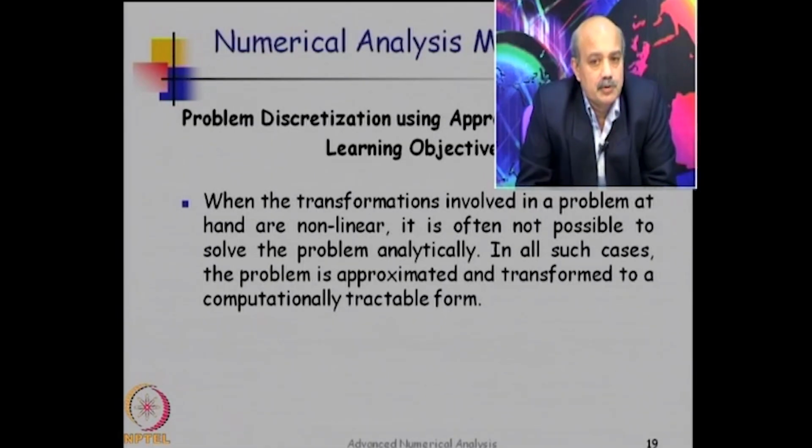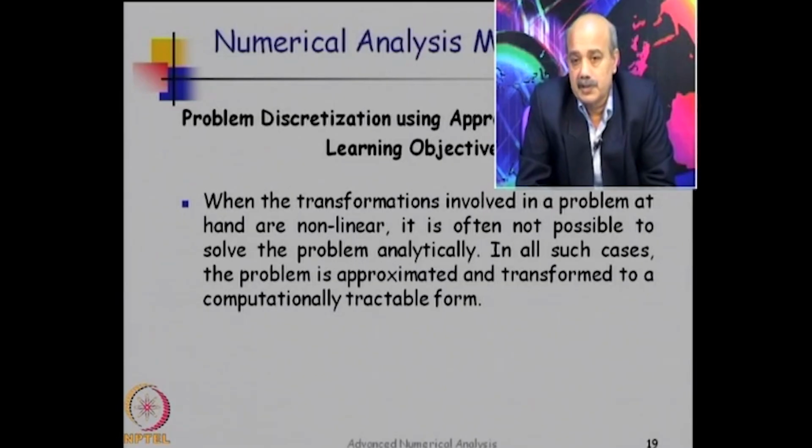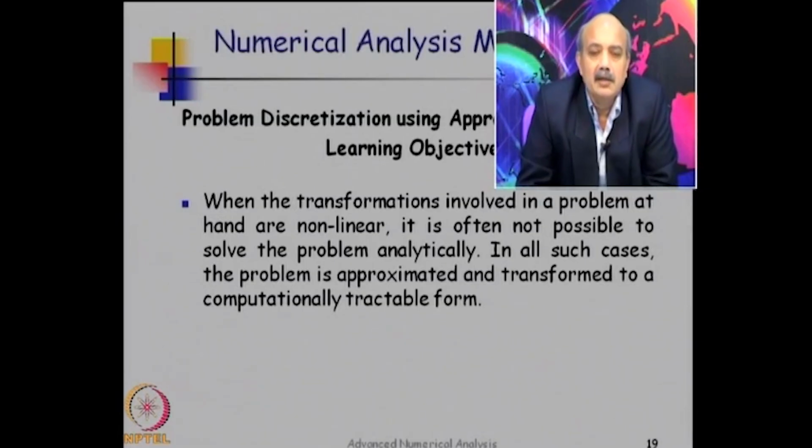To construct numerical solutions, we have to first transform into standard forms. This is because we do not have tools to solve all kinds of problems. We can only tackle certain types of equation forms.